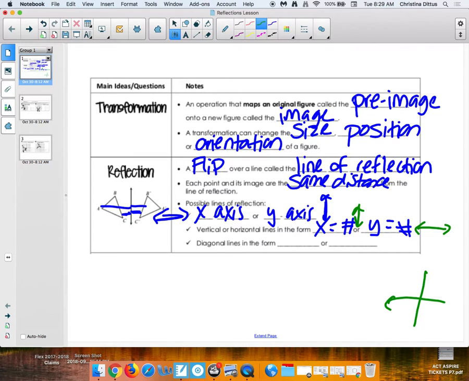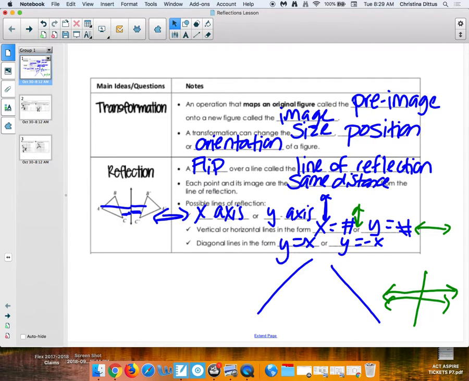If this is your x-axis, y equals 1 is a straight line like that. Then we have diagonal lines like the ones you looked at, y equals x and y equals negative x. Those go like that and like that. They have a slope of 1 and negative 1. So those are all the lines that we reflect over. They're either straight lines, or the only diagonal lines we do are y equals x and y equals negative x.